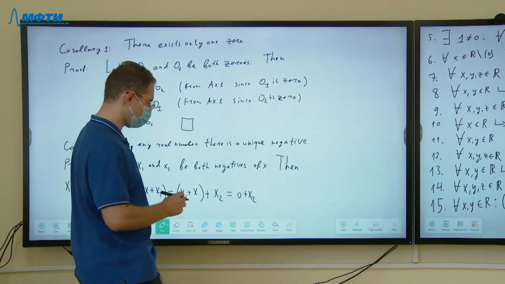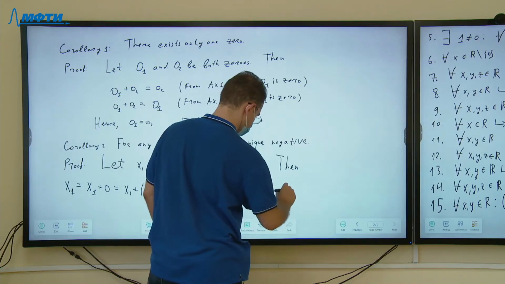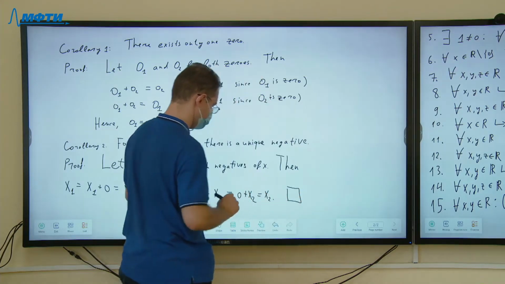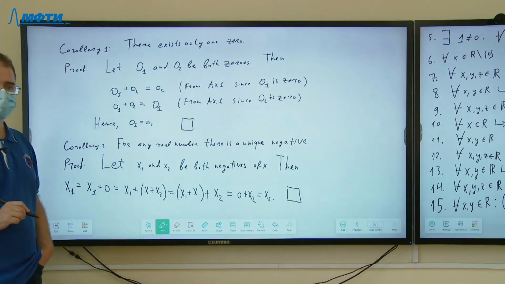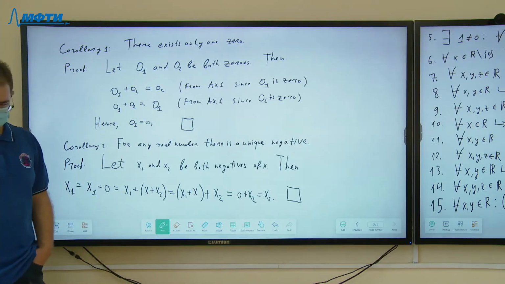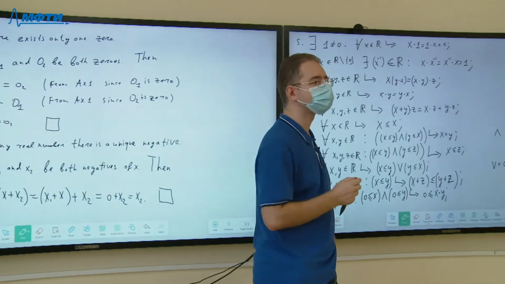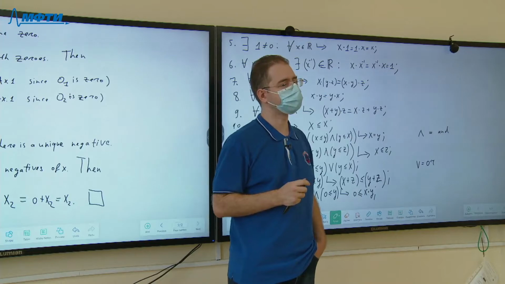And once again, from the first axiom, this is x2. So x1 equals x2.